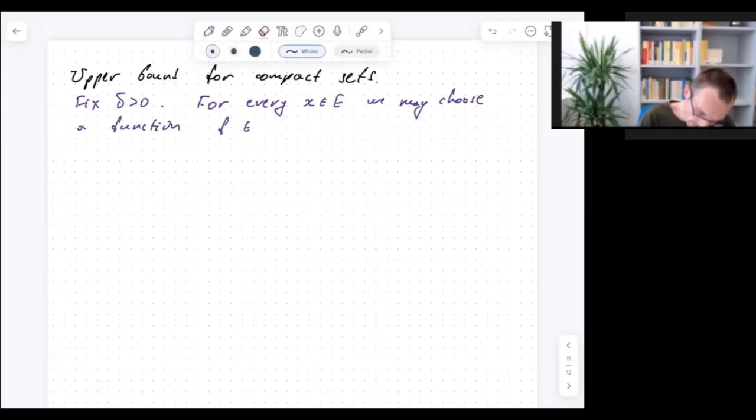I put the index x here because it means that first of all I fix x, and then I choose a function associated with that x using the definition of supremum.